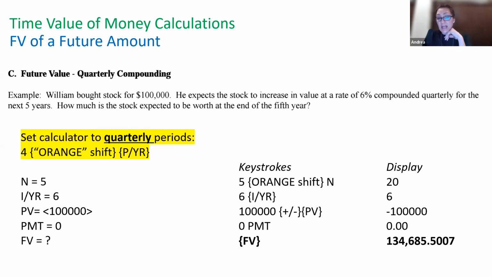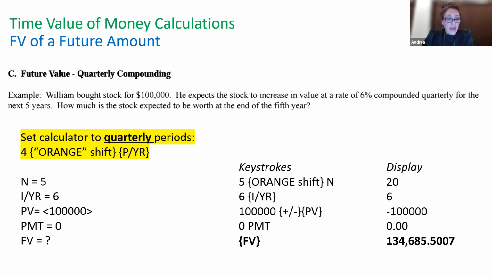They put end in there, so that's important too, just making note of that. Now we're going to set our calculator to 4 periods. Hit the 4, orange button, and then the P/YR, also the payment button, to set the calculator to 4 payments per year.